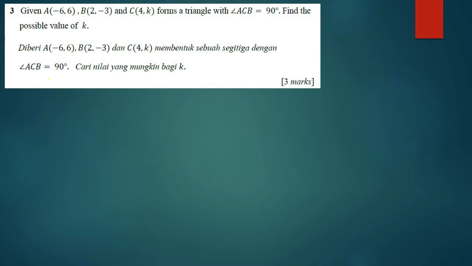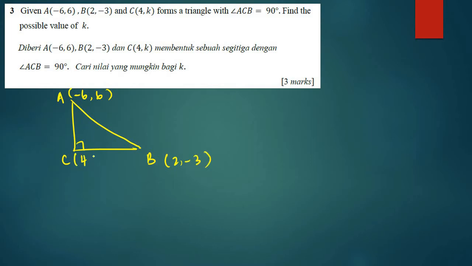Okay, question number 3. Given A(-6, 2), B(-3, 2)... forms a triangle with angle ACB equals 90 degrees. Find the possible value of K. To find the value of K, we know that angle C is 90 degrees, so the rest will be A and B. A is (-6, 6), B is (2, -3), and C is (4, K).